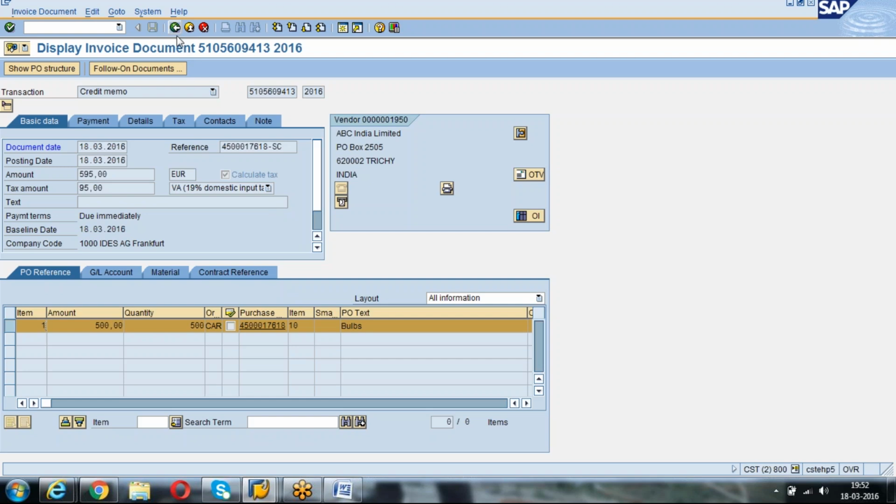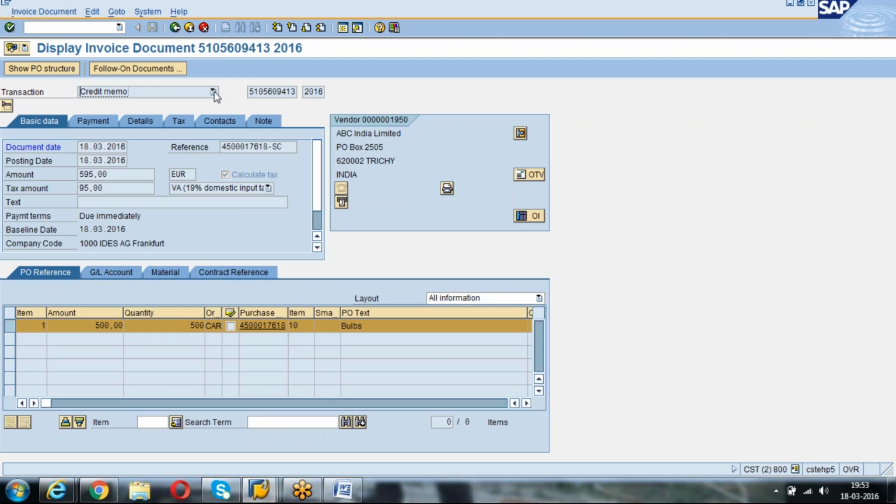For a certain quantity, if you want to create, you have to change the quantity, that amount, how much quantity you want to send. Manually you can change it and create it. You can observe when you see the display of the subsequent debit, it is looking as invoice, and when you display the document of subsequent credit, it looks like a credit memo.